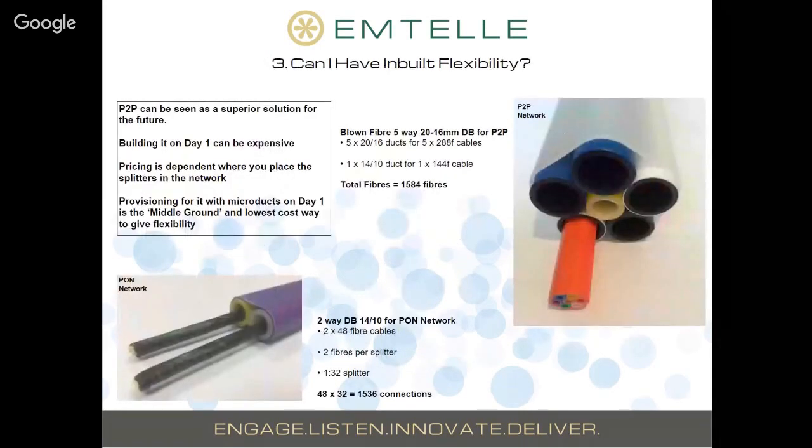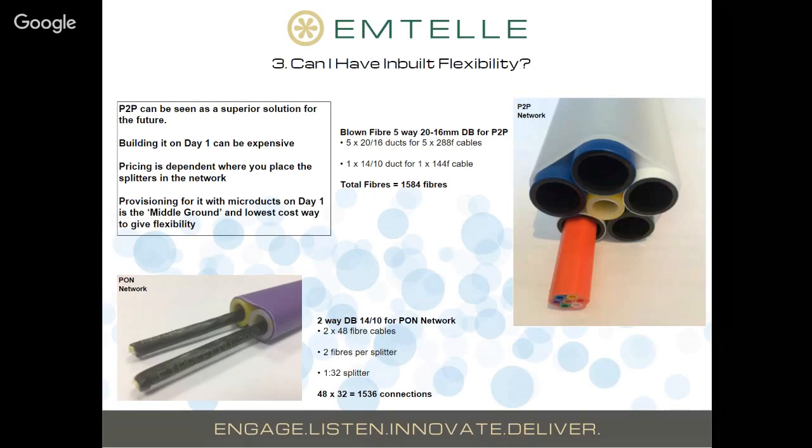Number 3, can I have inbuilt flexibility? Point-to-point networks are seen as a superior solution for fibre to the home for the future. Building it on day one can be expensive, but if you are a PON network, something to think about is, could you just put in some spare duct capacity for your linkage between the exchange and the manholes that provision the fibre to the home?